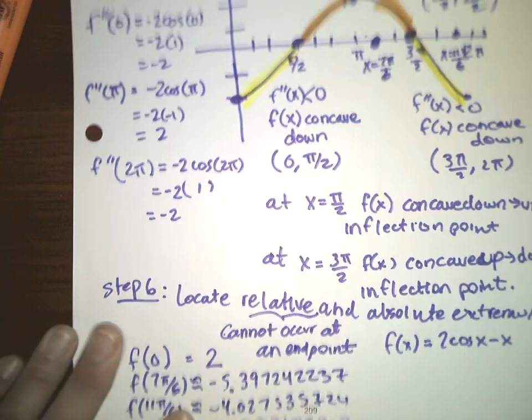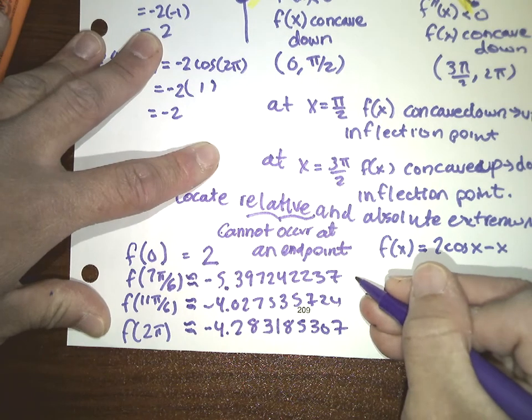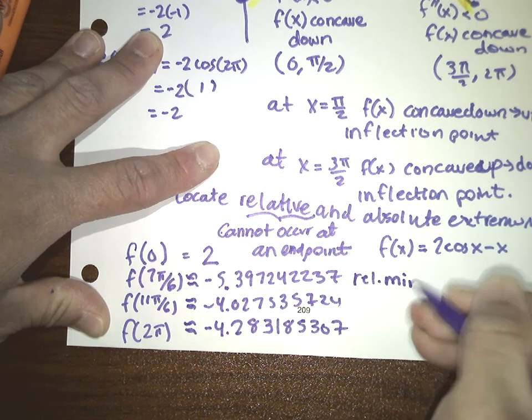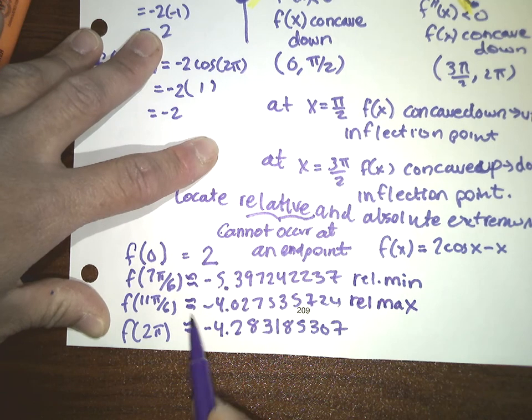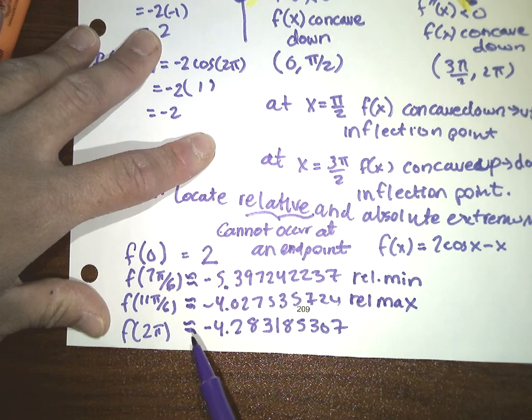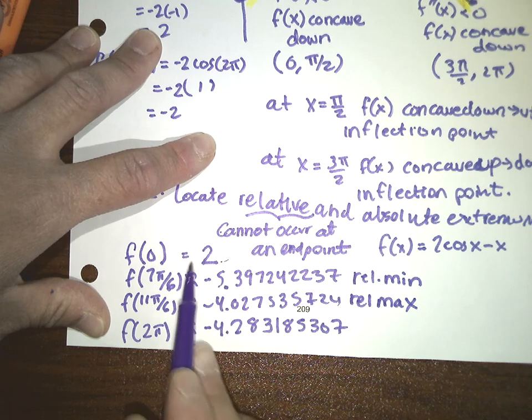0.85307. All right, so I know that this point is a relative minimum, and this point is a relative maximum, and then the overall absolute maximum actually was at 0, 2.